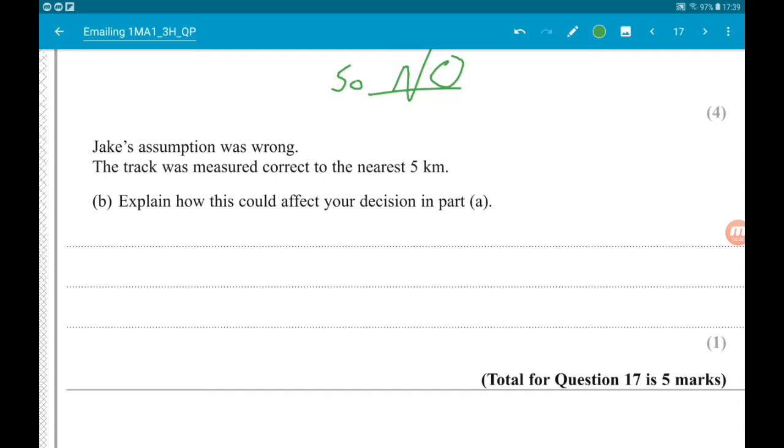Well, with a smaller rounding amount, so to the nearest 5 instead of the nearest 10, the maximum possible distance of the track is going to be even smaller.